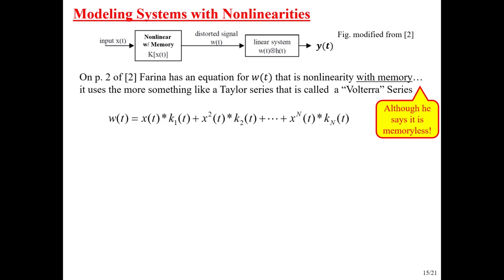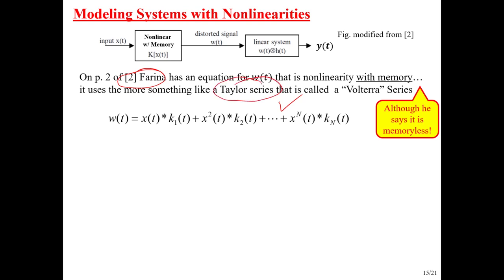So if you go to Farina's paper, he talks about this equation here, and he says it's memoryless, but really the equation that he writes out is with memory. This is something called a Volterra series, and it's a lot like a Taylor series.